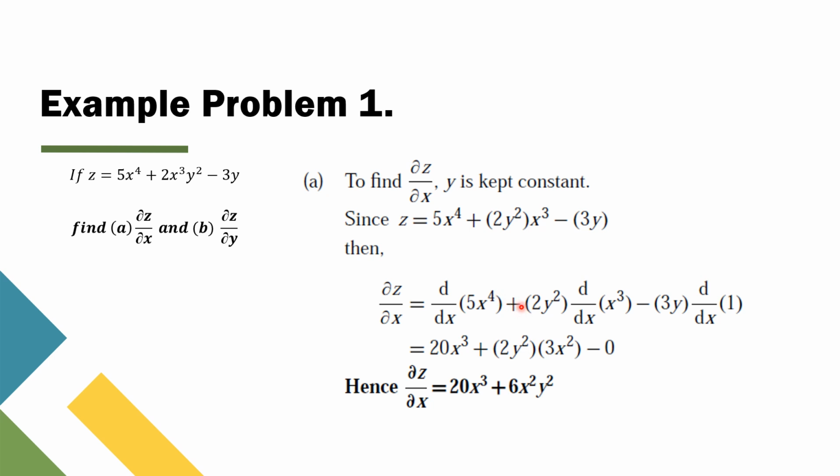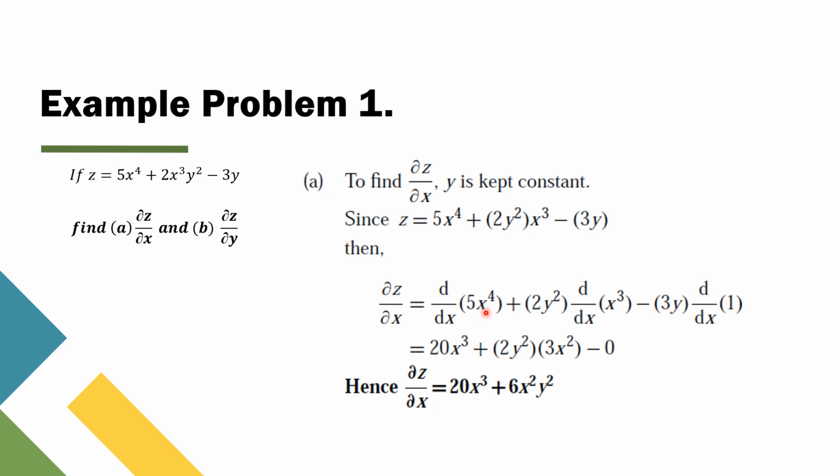Then plus, this is a constant, and this is in x, so we take the derivative of this term. And we have minus 3y and then the derivative of 1.